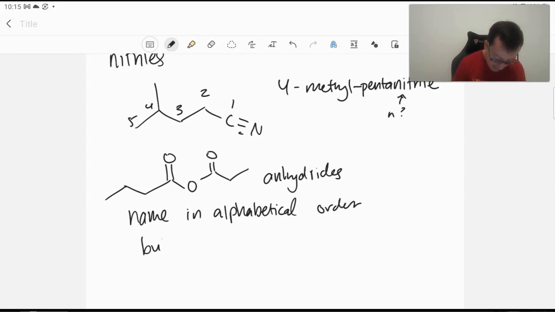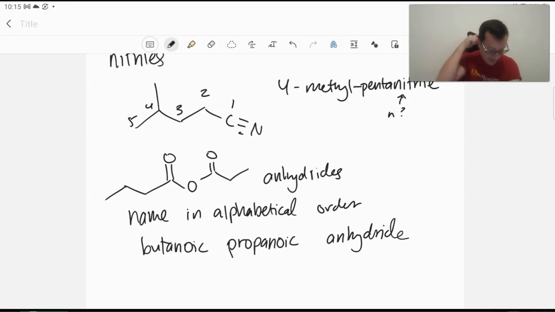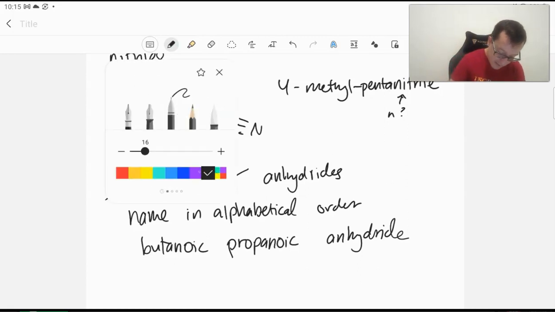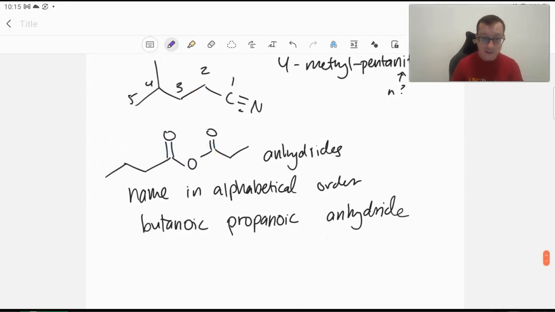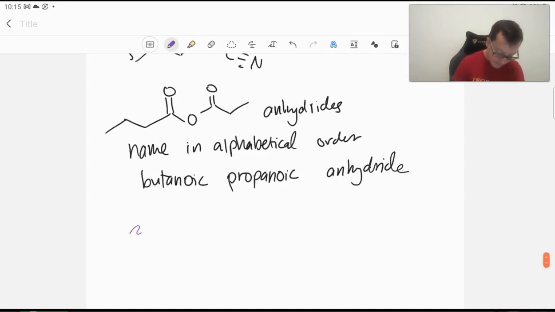So butanoic, propanoic, anhydride. So you would name these as acids, like if we had something like methyl butanoic acid or something, we would still keep everything except the word acid. So we keep everything but the word acid here, and then we just throw the word anhydride at the end. And this is done alphabetically. So butanoic, propanoic, anhydride.